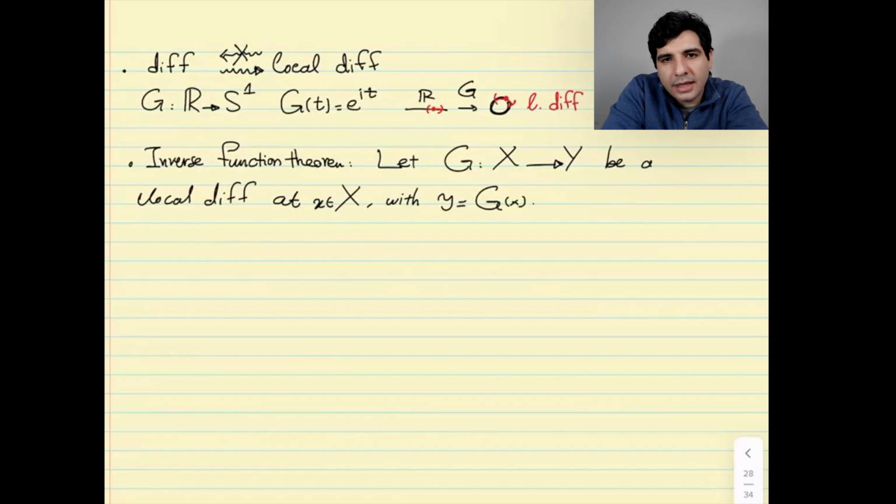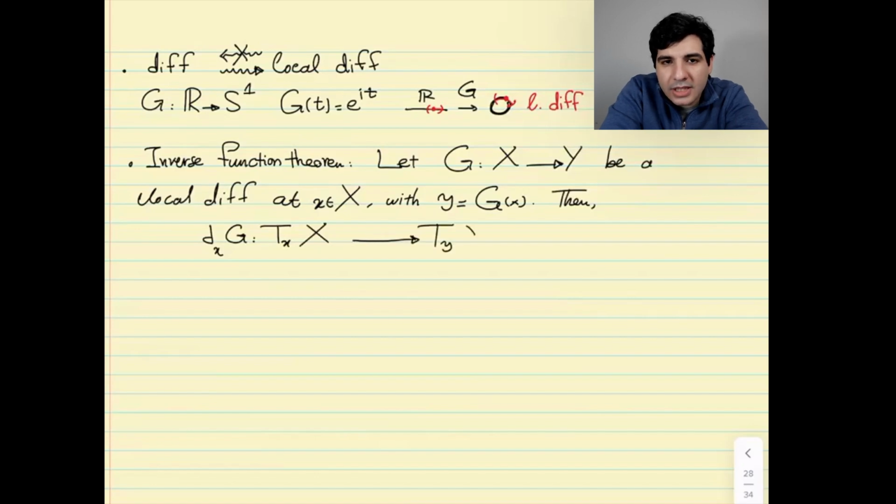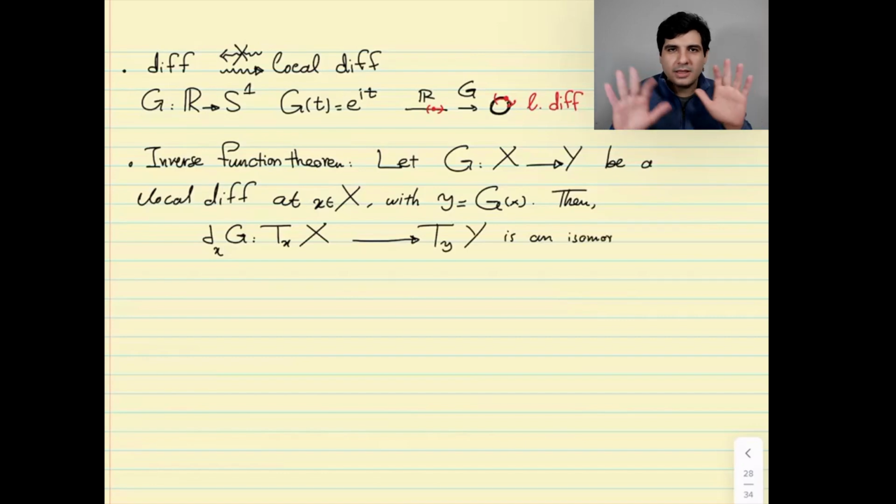If you look at the derivative of the map G at the point X, we get a linear map from the tangent space of X at X to the tangent space of Y at Y. If G is a local diffeomorphism at X, this turns out to be an isomorphism between these two vector spaces. This is not the inverse function theorem, but it's closely related.